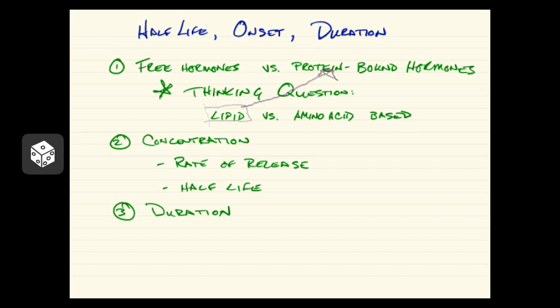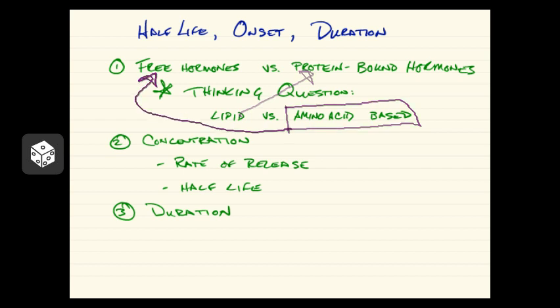So to keep them in the bloodstream, in their inactive form, until they can be delivered to their target organ, their target cells, they have to be connected to a protein. And that's in contrast with our amino acid-based hormones. They can just float around free because they cannot easily cross any of the membranes without help.